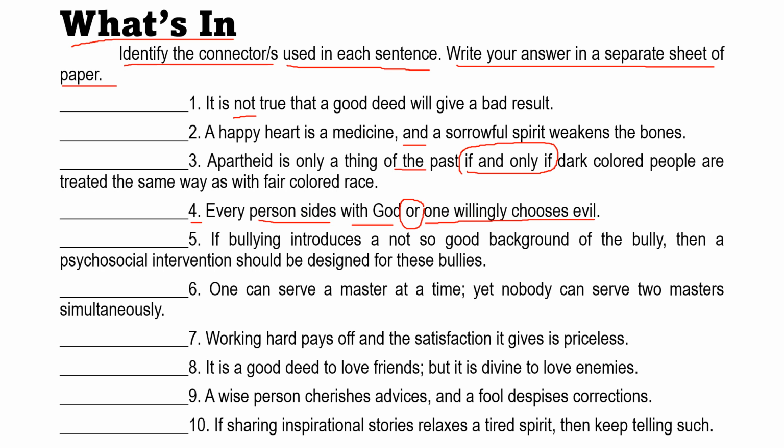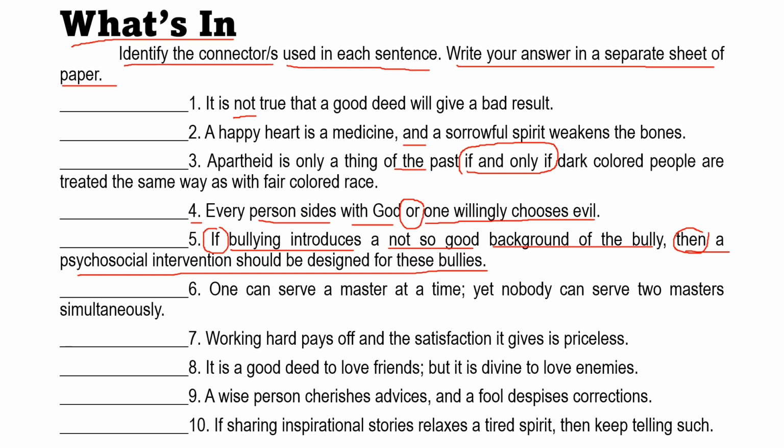And for sentence number five: if bullying introduces a not so good background of the bully, then a psychosocial intervention should be designed for these bullies. So there's an "if then" here as your logical connector being used in sentence number five.